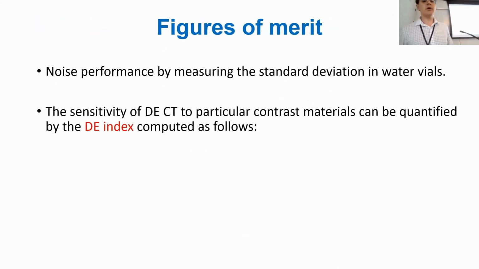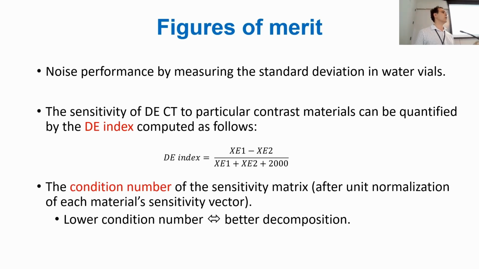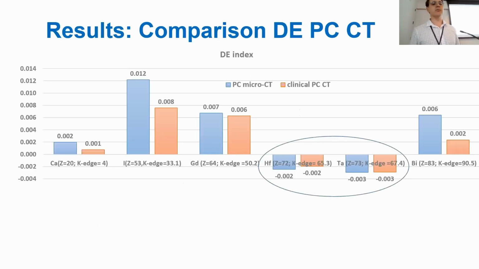Noise, figures of merit. We look at noise. We looked at dual energy index, because I think it's good to see how different elements compare, and also use the condition number of the sensitivity matrix. And we know that the lower the condition number, the better the decomposition. Okay, so let's look at the comparison between micro CT, let's say preclinical side, and clinical side.